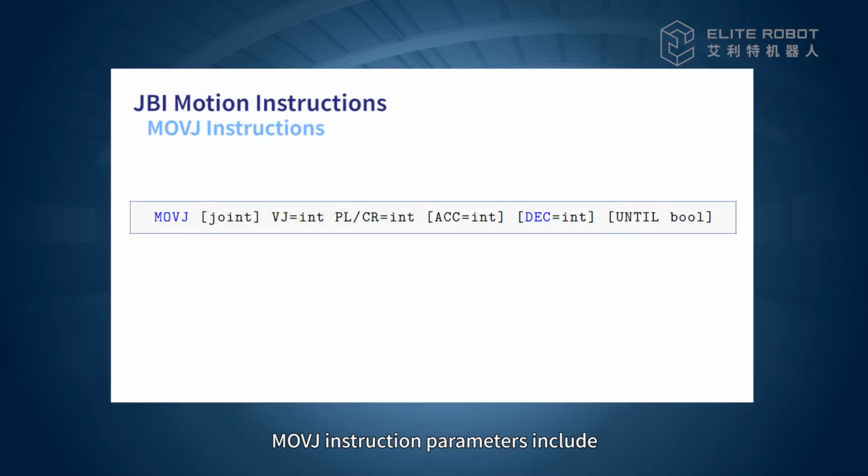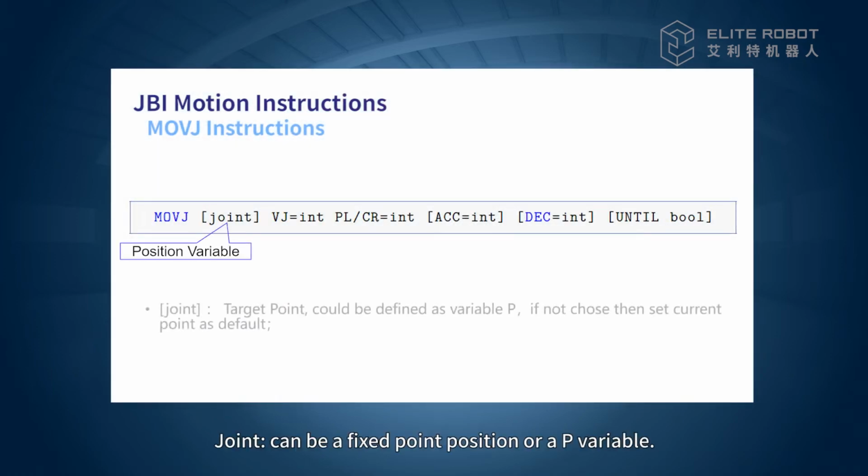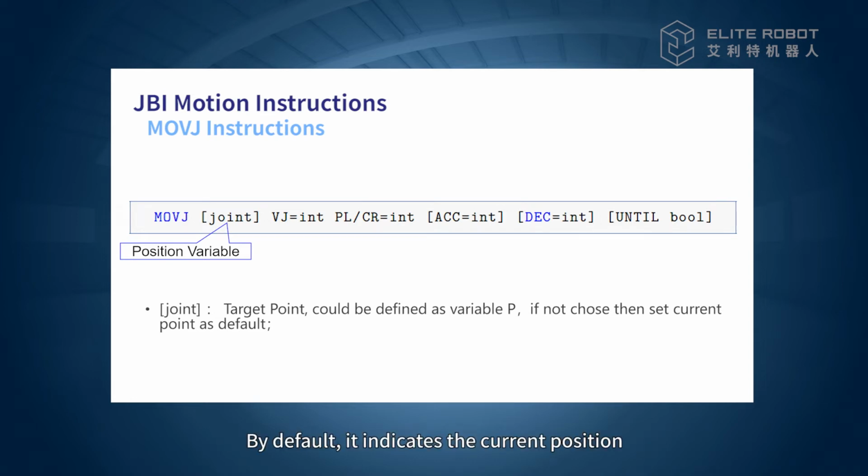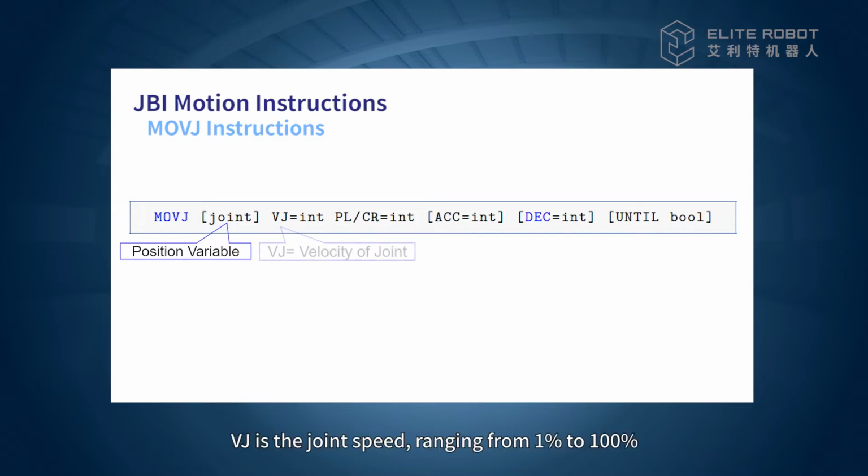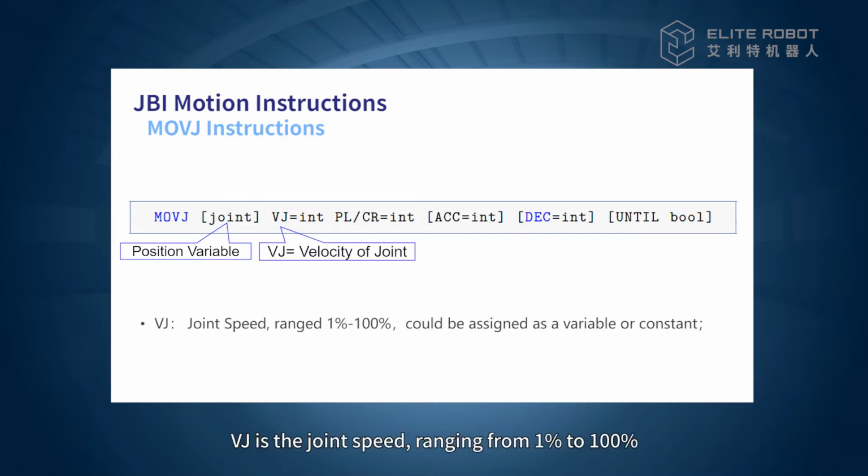MOVJ instruction parameters include joint, which can be a fixed point position or a P variable. By default, it indicates the current position. VJ is the joint speed, ranging from 1% to 100%, and can be set with a constant value or a variable.